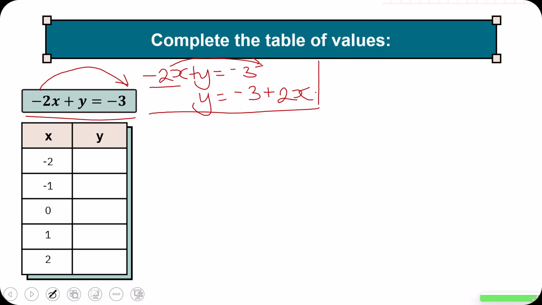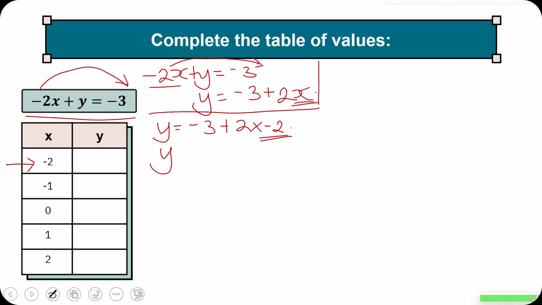Now let's start with our first x value, which is -2. We shall bring it and put it where there is x. We shall have y equal to -3 plus 2 times -2. So you realize that where there was x, we have put -2.